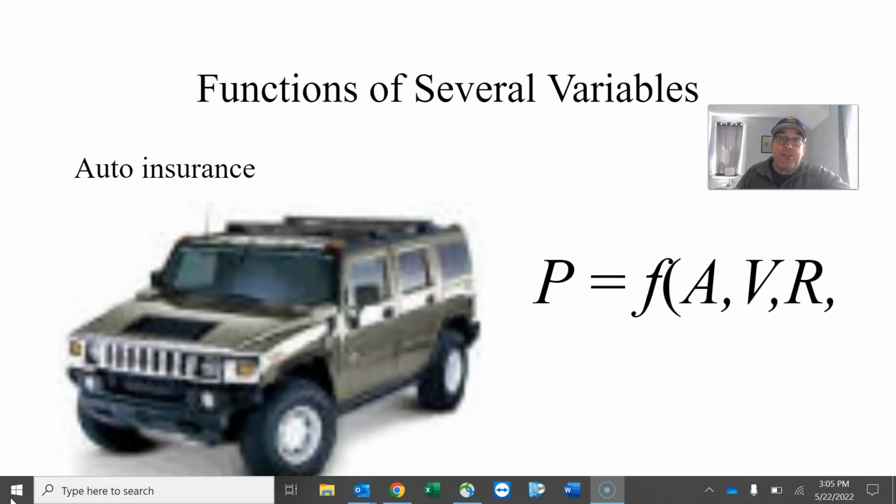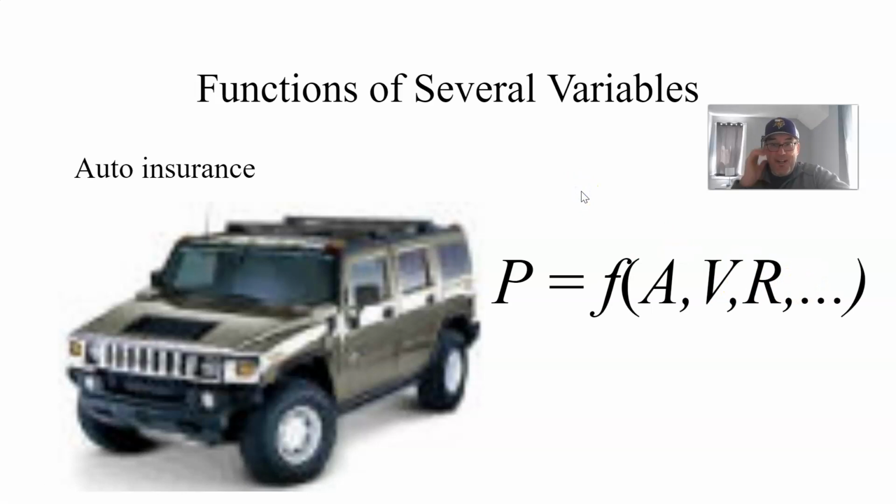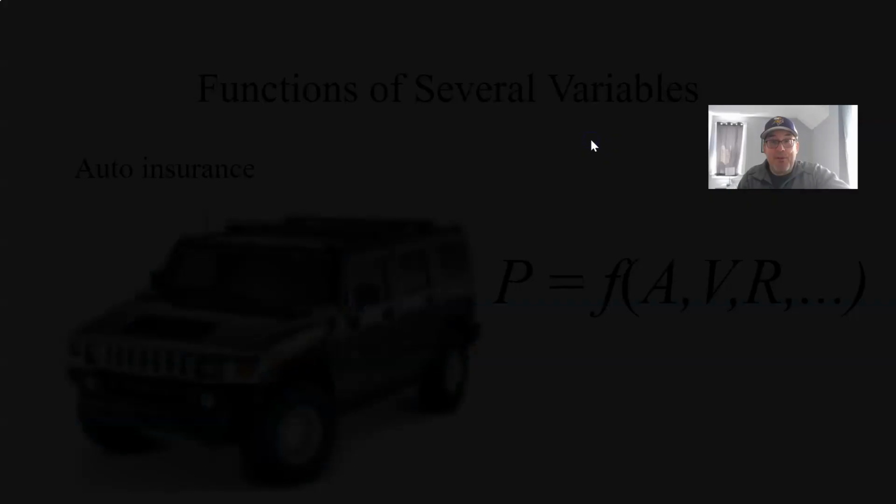Young male drivers are a higher risk to insure than older female drivers, and so that goes into the formula that actuaries use to determine the premium that you will pay for your auto insurance. The point is this. Auto insurance premium is a function of many variables, not just one. And I put the dots here because it goes on and on and on. There's many, many more that these companies use to determine the auto insurance premium.